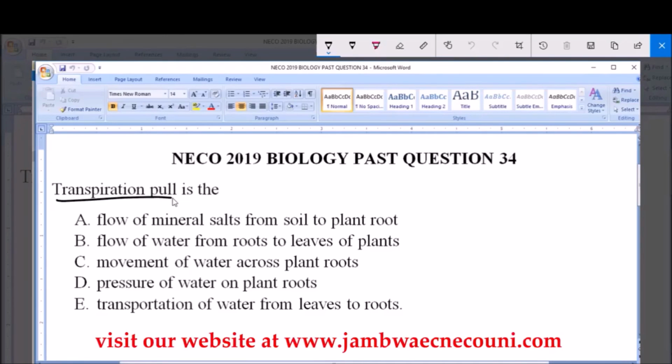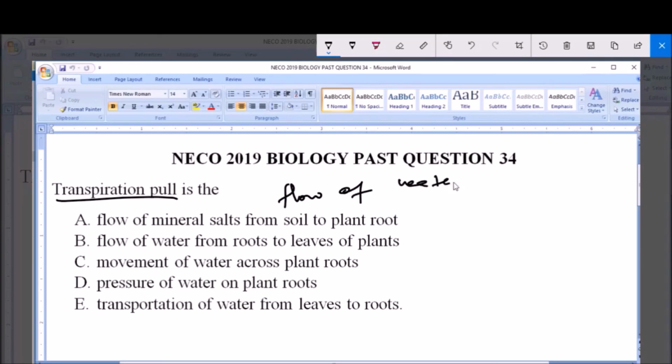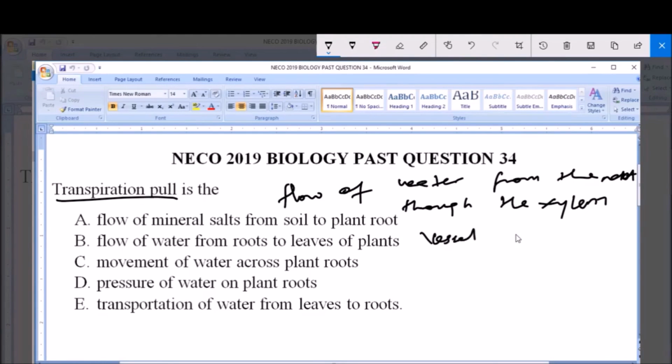Now, transpiration pull is the flow of water from the roots through the xylem vessels, that is the vessel responsible for the conduction of water, to the cells of the leaves.